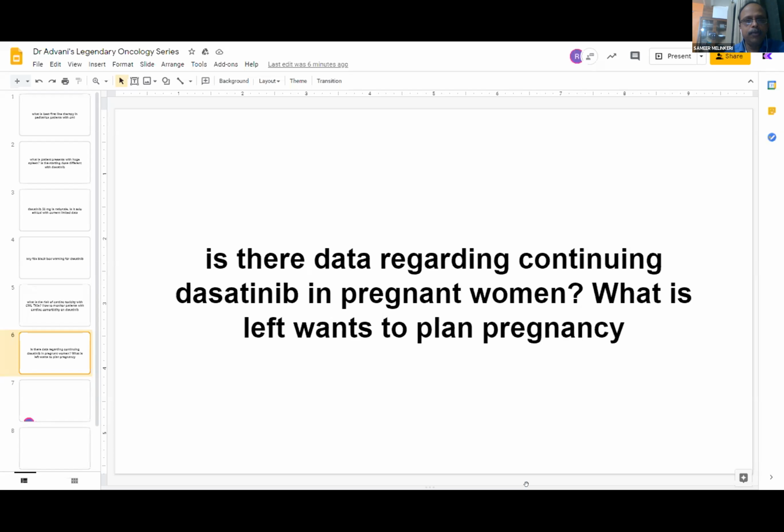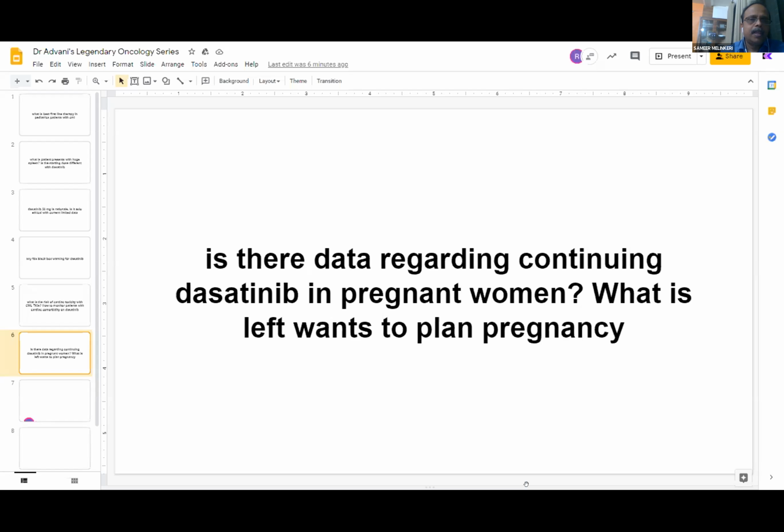Once you stop it, during her pregnancy you would of course monitor the BCR-ABL copy numbers closely. There were some publications from India where ladies continued to have their pregnancy and take the medicine. It was taken in the third trimester or second trimester, and the outcome was a normal child.